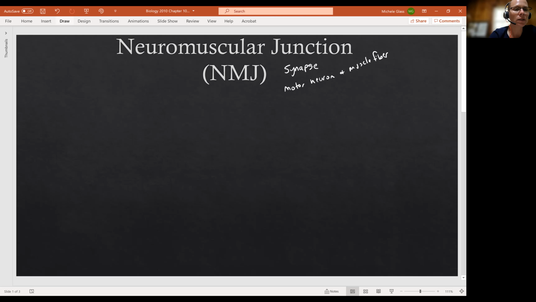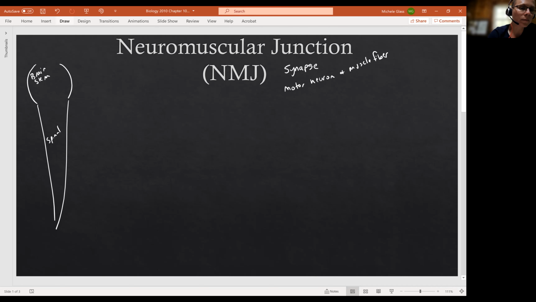When we talk about the skeletal muscle, it's important that we pay attention to the motor neuron, which can be either in the brain stem or spinal cord. So what we're talking about is a motor neuron that has its cell body located in what we can call the central nervous system.